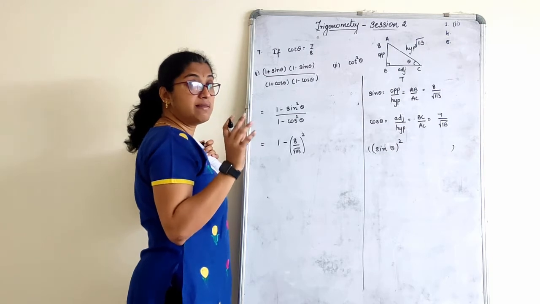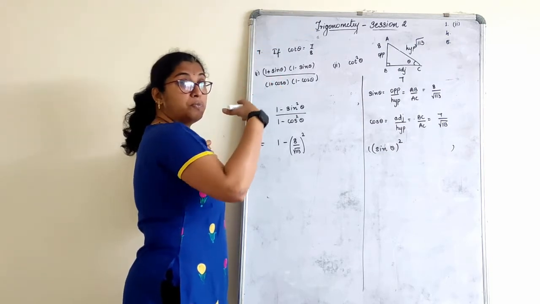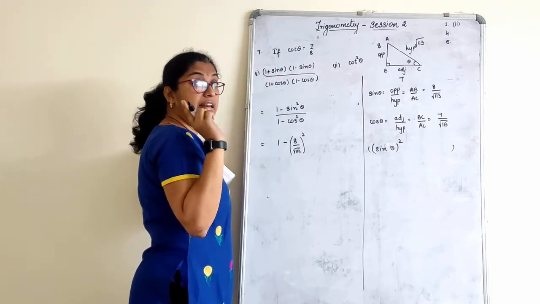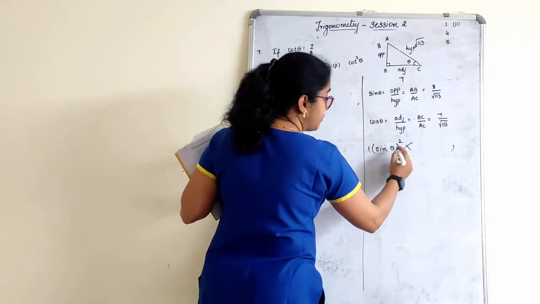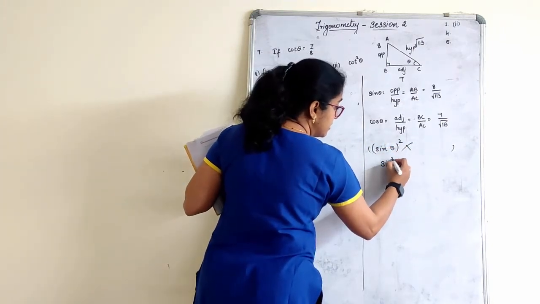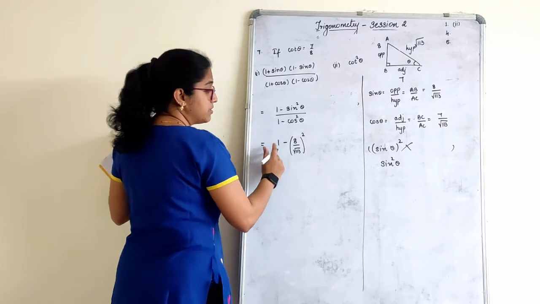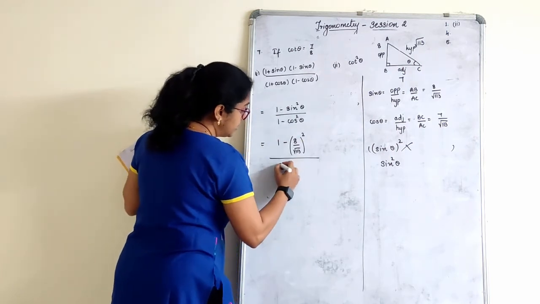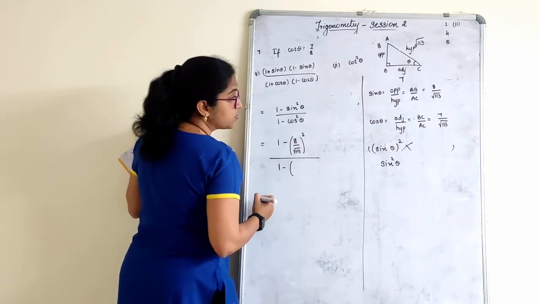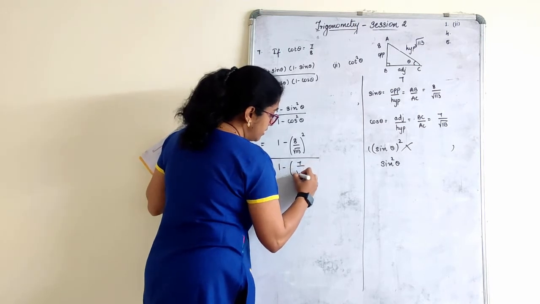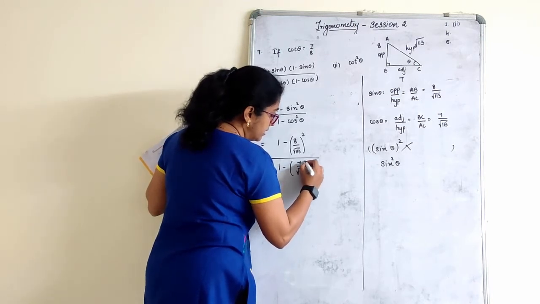Angle remains the same, children. The sin value, opposite upon hypotenuse, is squared. We write this as sin square theta. Remember this. Whole divided by 1 minus cos square theta, 7 upon root 113 whole square.